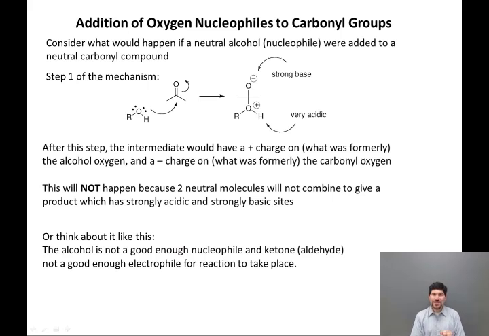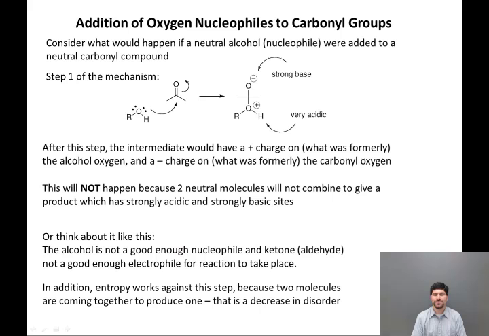Another way to think about this is that the neutral alcohol is not a good enough nucleophile, and the neutral ketone or aldehyde is not a good enough electrophile for the reaction to take place. Furthermore, entropy works against this step too, because in this step you've got 2 molecules coming together to produce 1.